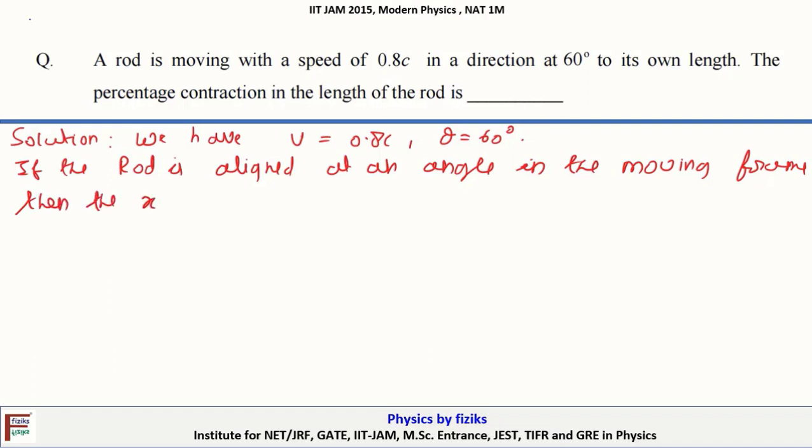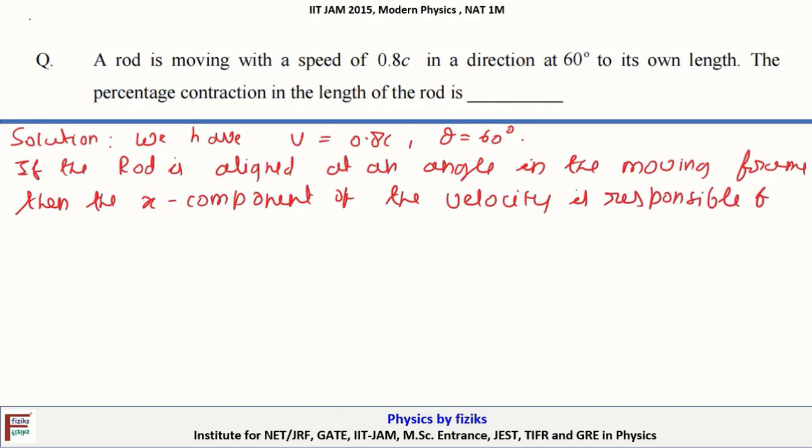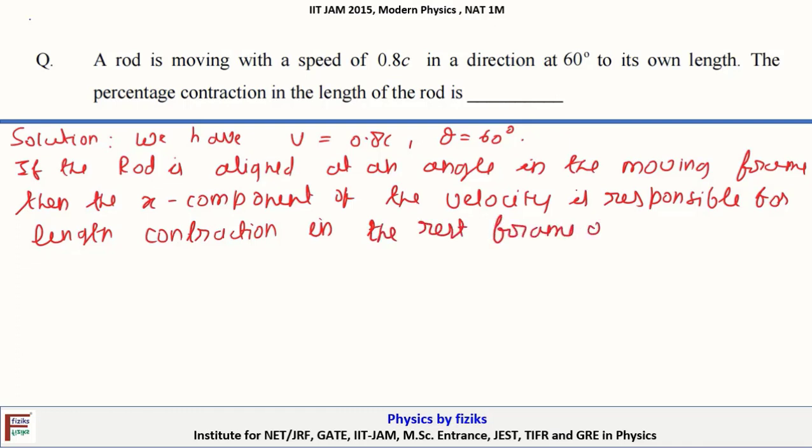then the x component of velocity is responsible for the length contraction in the rest frame of the observer.